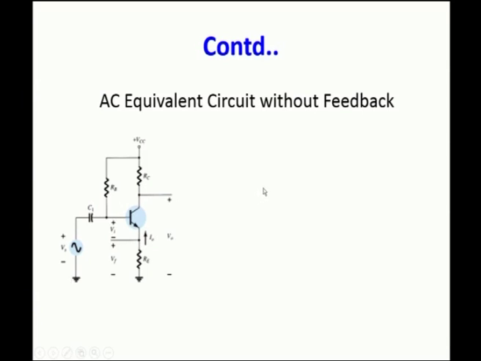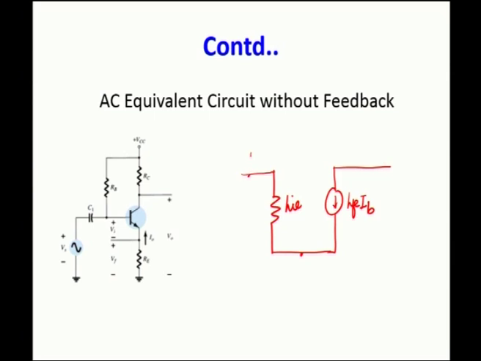So, we know that for the transistor, the approximate hybrid equivalent circuit has at the input side hie, and at the output side you have a current source hfe IB. This is the approximate hybrid model, and we have neglected the other parameters, that is the reverse voltage feedback and output admittance.